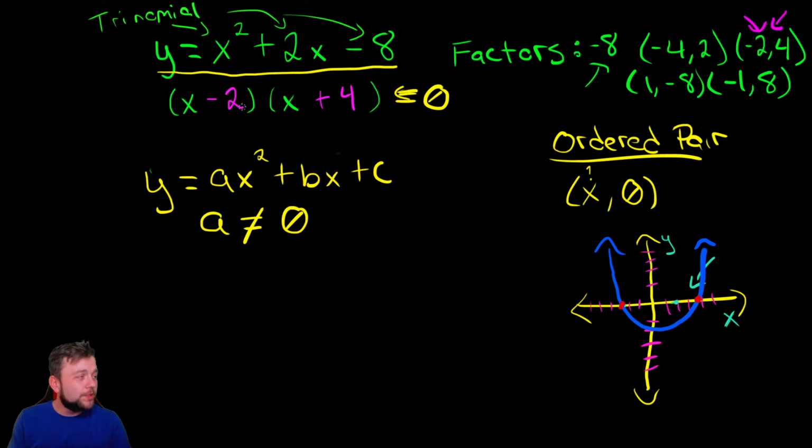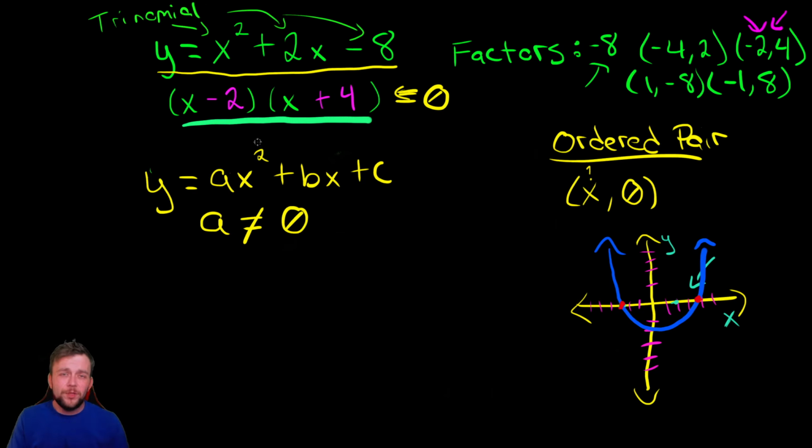So you might ask why. Why are we taking these two terms and then setting them equal to 0? Well, the reason is, this whole equation here is equal to 0, right?